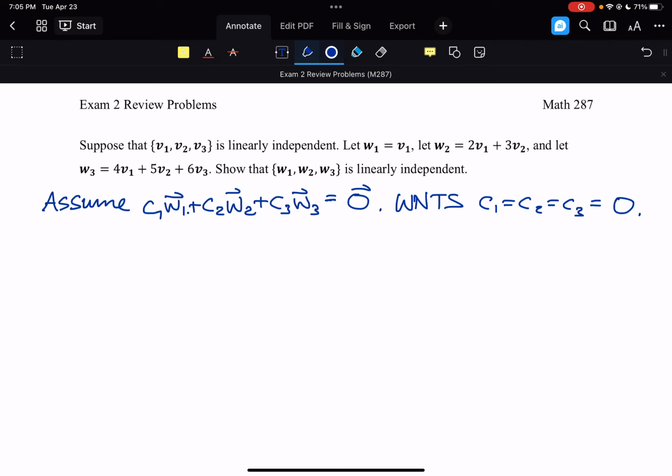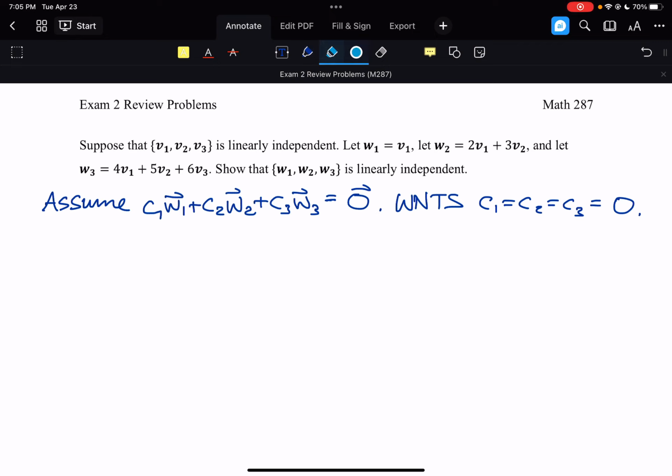If c1, c2, and c3 must be equal to 0, that means that none of these vectors can be written as a linear combination of any of the others, which is what it means to be LI, right? Because if I could write w3 as a combination of these two somehow, that would be LD, linearly dependent. So if we can show that c1 through c3 are all 0, that proves that this set is LI.